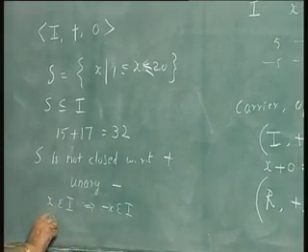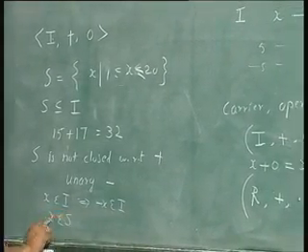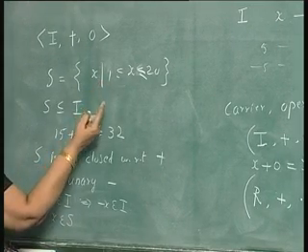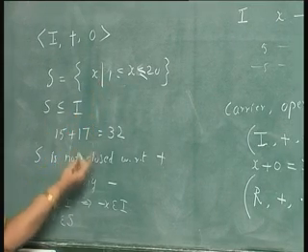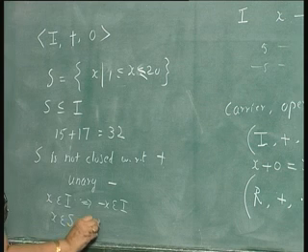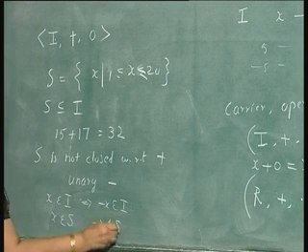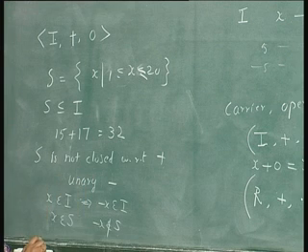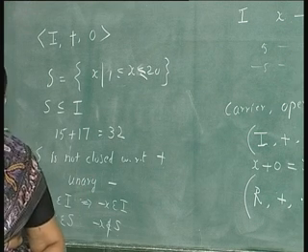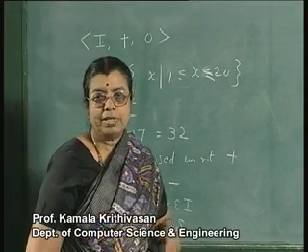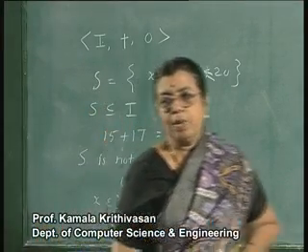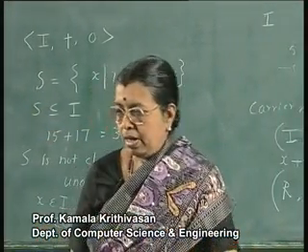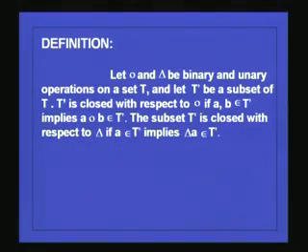Whereas if x belongs to S, say 15, then minus x will be minus 15 and so on, but minus x does not belong to S. So, it is not closed under this unary minus operation. So, when you consider a subset of a set, you have to check whether that subset is closed with respect to that operation.